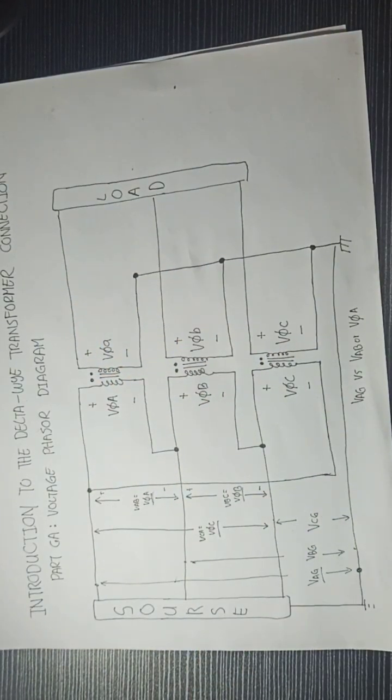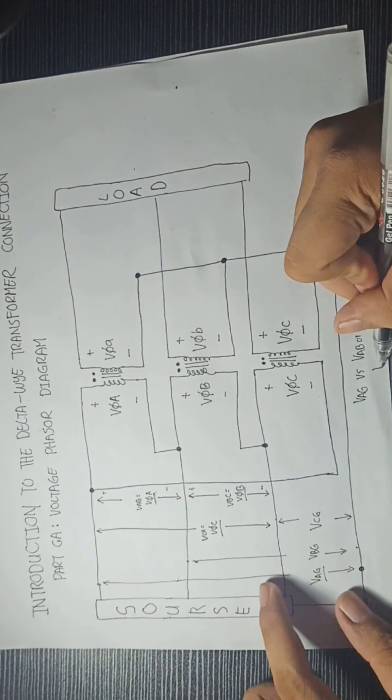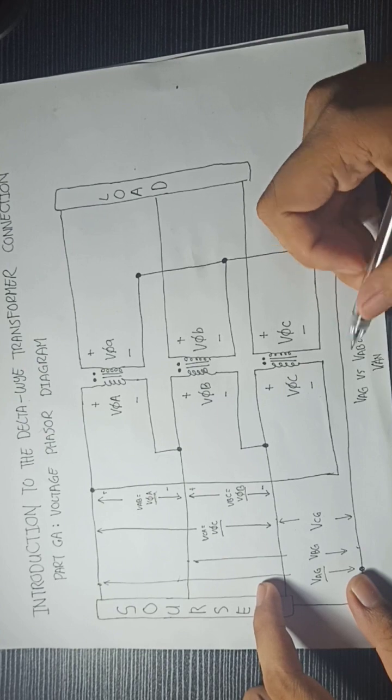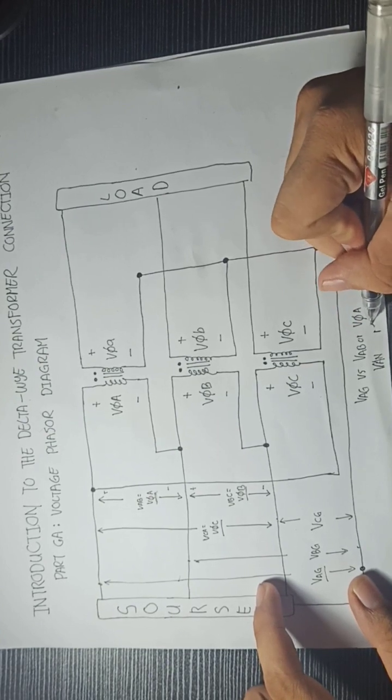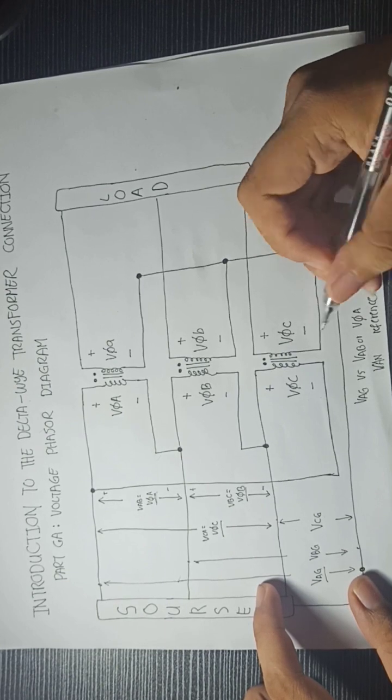So we're talking about the difference between phase A voltage and VAG voltage. Oftentimes this VAG quantity is also called VAN, also referred to as the reference quantity.